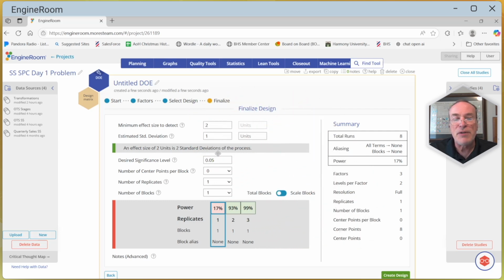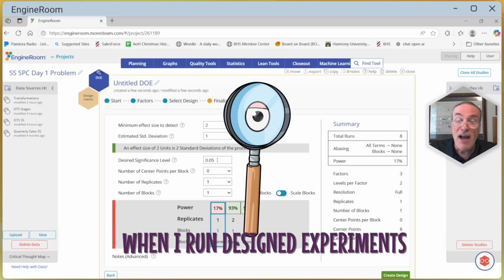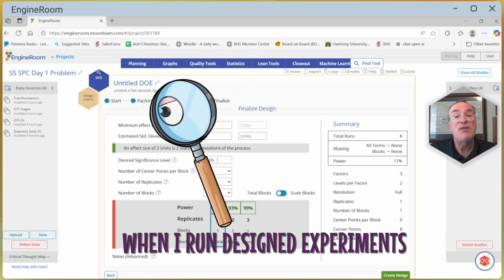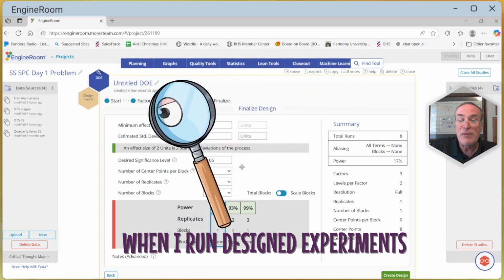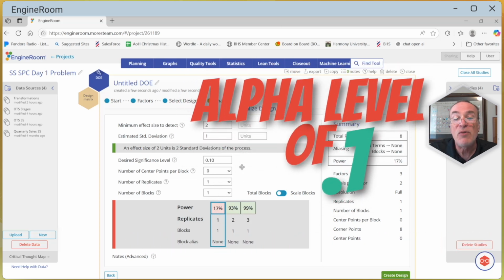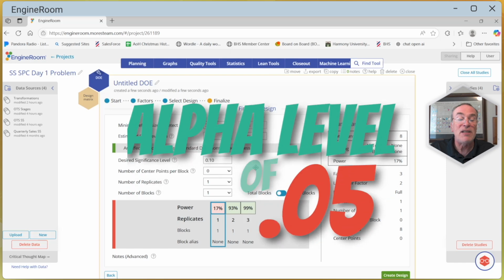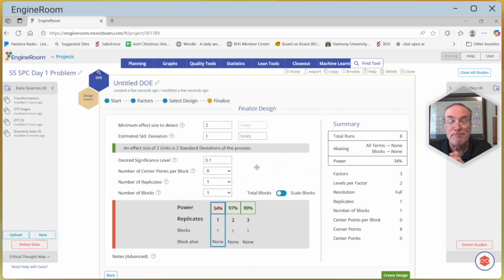So I'm going to share with you that when I run design of experiments, I'm typically looking for signals and I'm willing to be wrong at the beginning about those signals. So I might run an alpha level of 0.1 rather than an alpha level of 0.05. That's my experience.